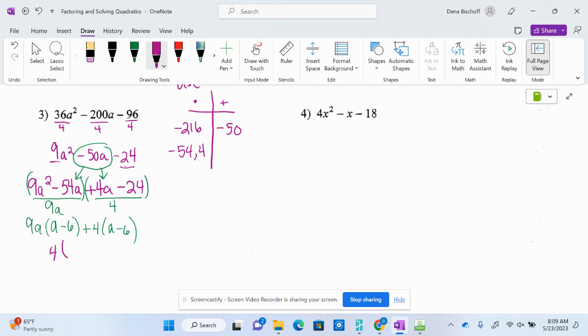Yeah, it's a minus 6. That's going to come first. What do I have left over? 9a plus 4. It is really, really super important that we know how to factor.